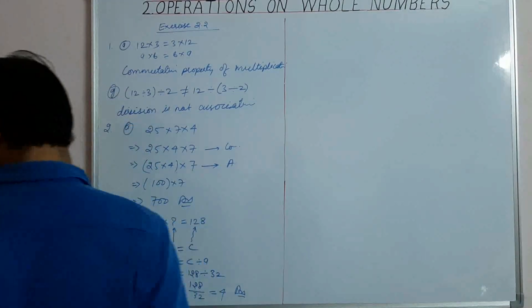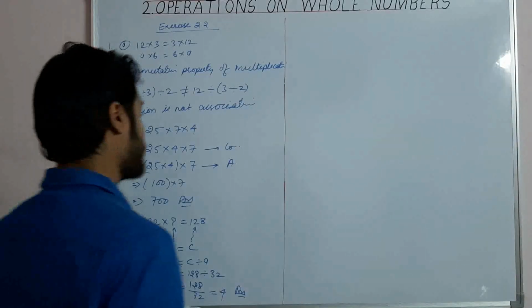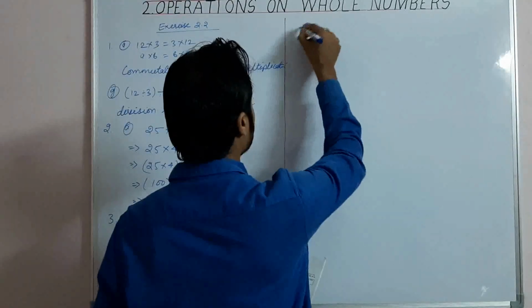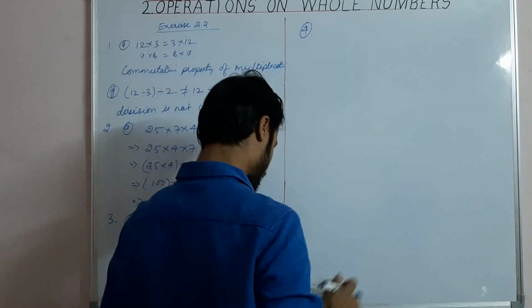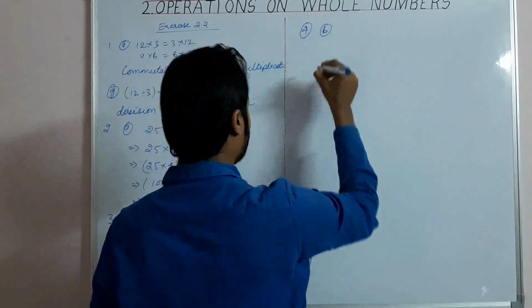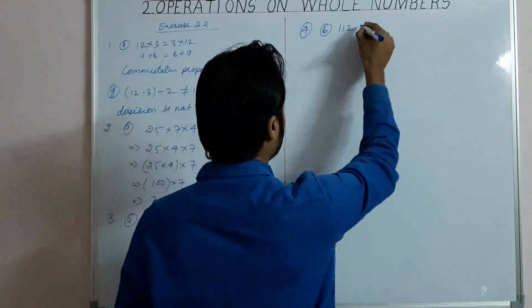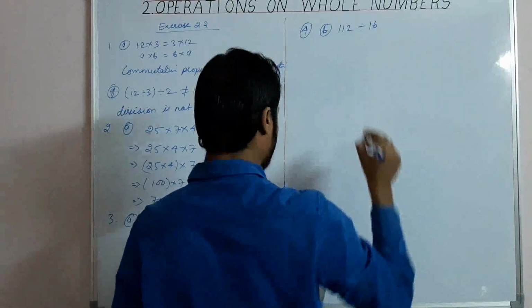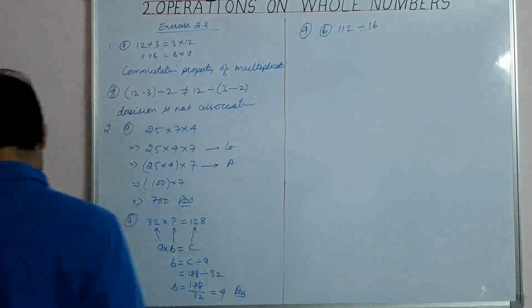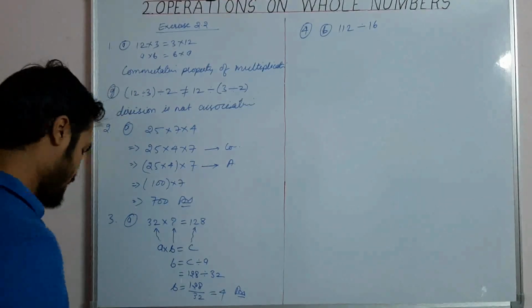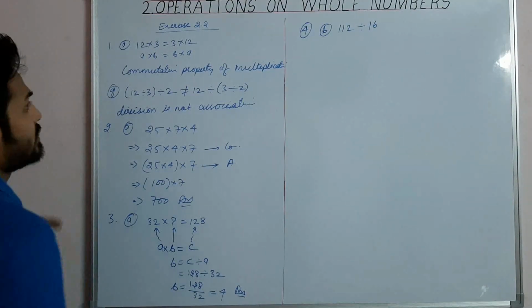Right? Now next, we will solve fourth question, part B. 112 divided by 16. Divide by repeated subtraction.